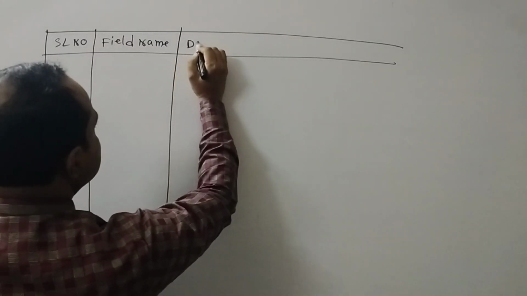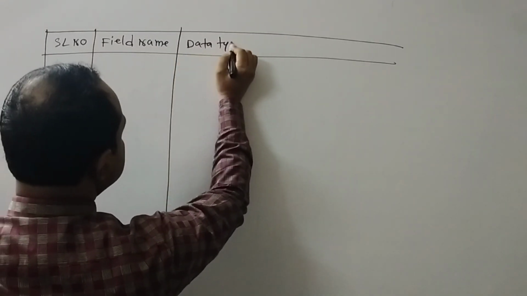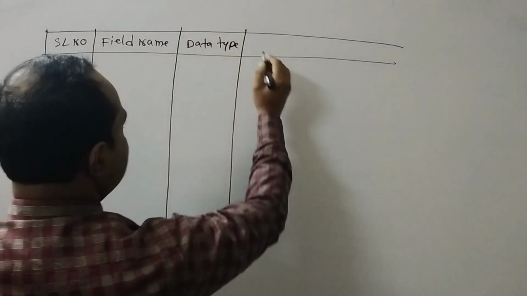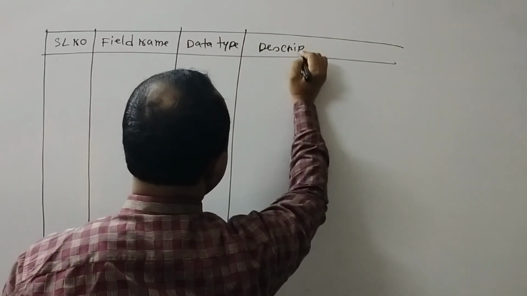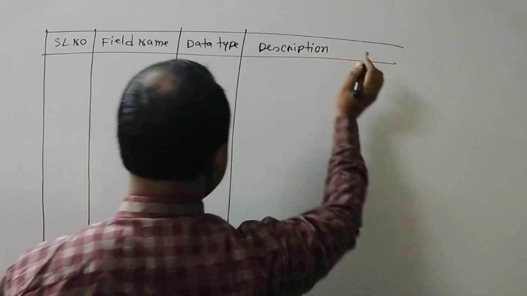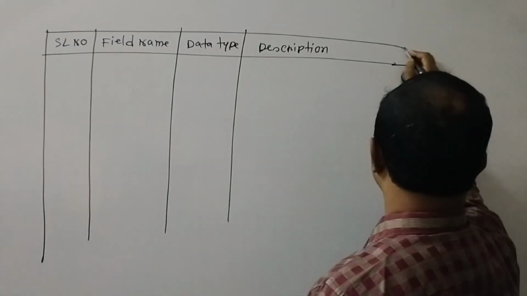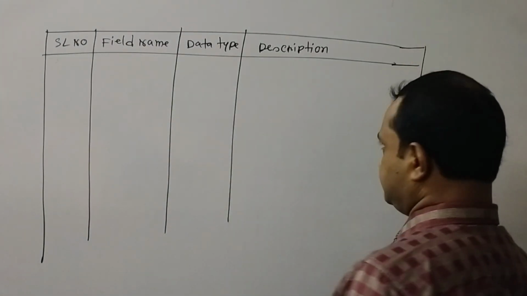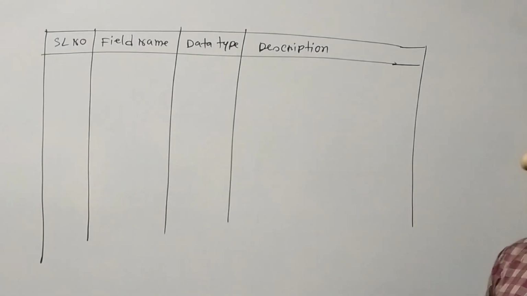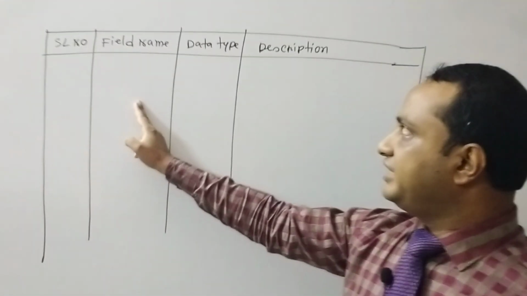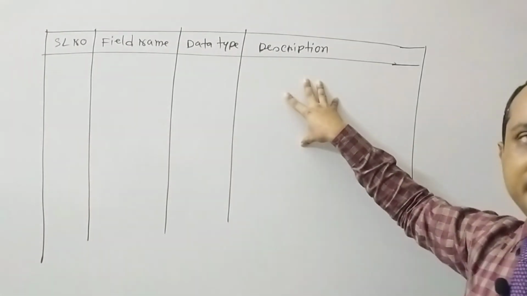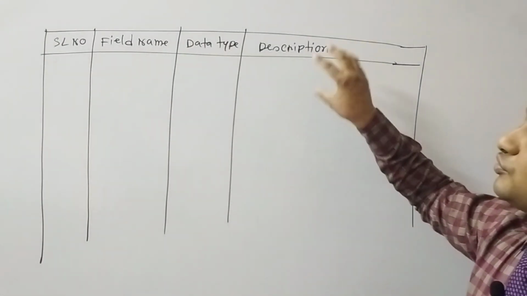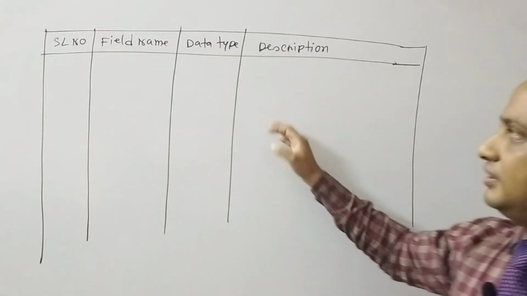Number 3 is data type. And number 4 is description. This column will be larger compared with the others. There are 4 columns here: serial number, field name, data type, description. The description column will be large because you have to write some text here.